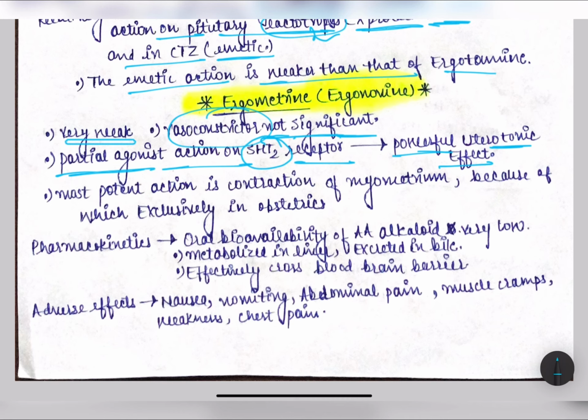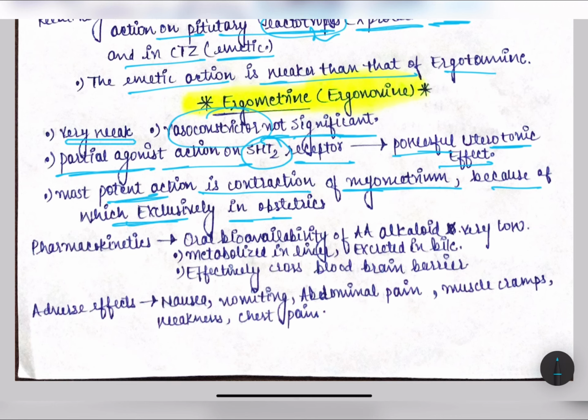It is a moderately potent 5-HT2 antagonist in GI smooth muscle, and a weak dopaminergic agonist on the pituitary lactotrope. These are not that significant, but the most potent action is contraction of the myometrium, because of which it is exclusively used in obstetrics, because there is no other action that is so significant.